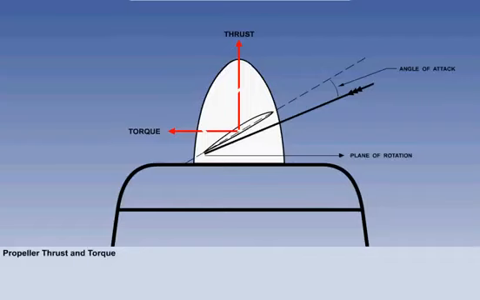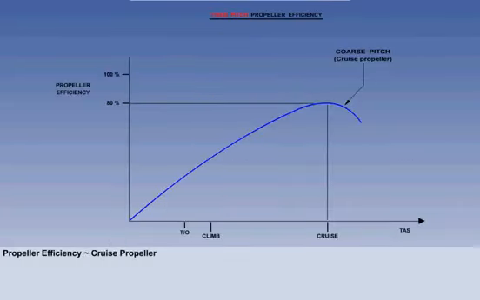Next, we'll take a look at propeller efficiency. The illustration shows a plot of the efficiency of a fixed-pitch propeller, with aircraft true airspeed increasing to the right. It's a standard cruise propeller, the type fitted to the majority of small single-engine light aircraft. You can see that peak efficiency occurs at the cruise speed of the aircraft.